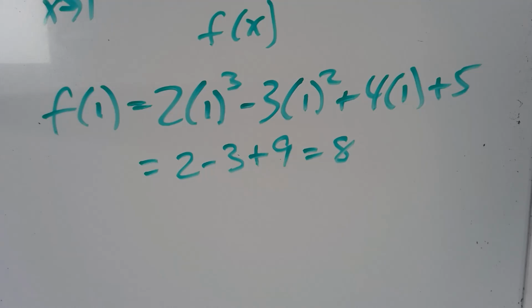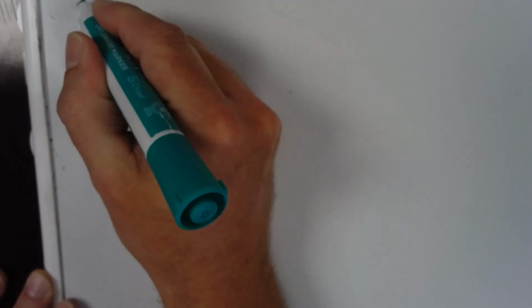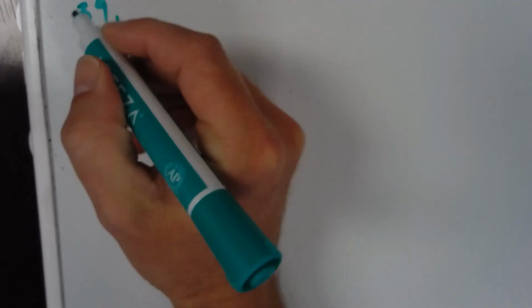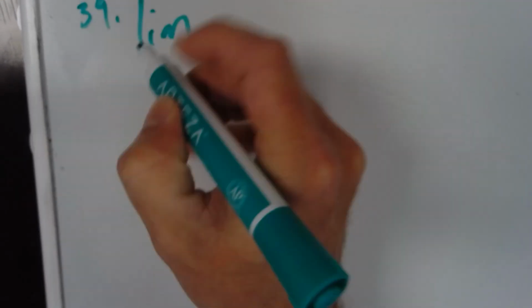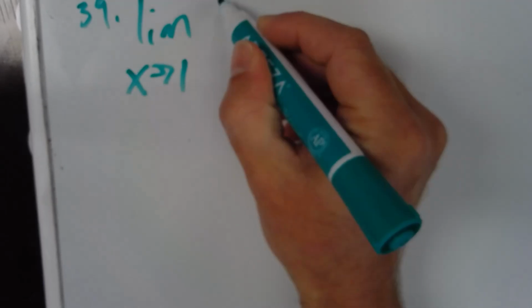So we're going to just start on 39. All right, so rational function, right?